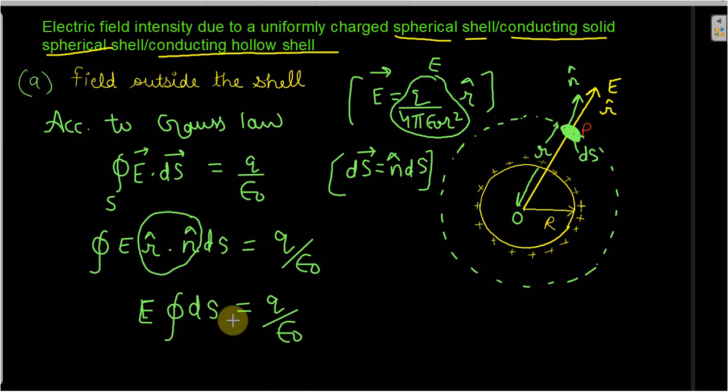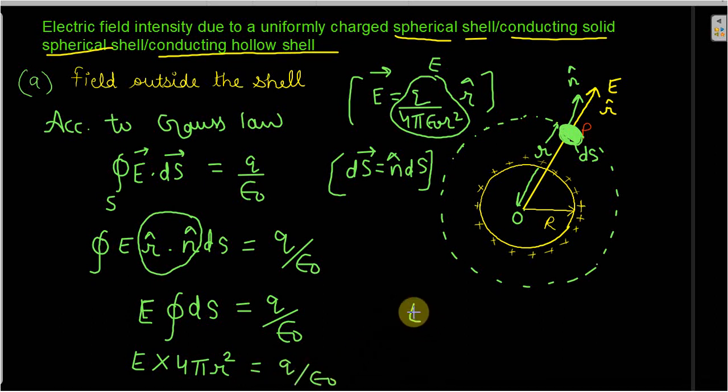And what is the integration of ds? This small surface is there and we want to find the flux due to the whole surface, so we will integrate it. So what is the integration of the ds surface? That will be equal to 4 pi r square, where r is the radius of the Gaussian surface, and that is equal to q by epsilon naught.